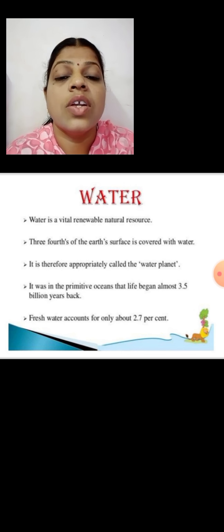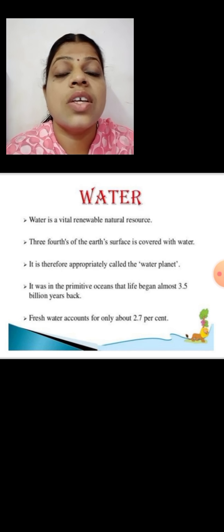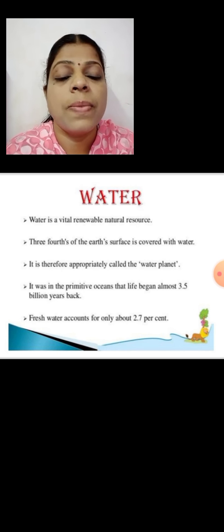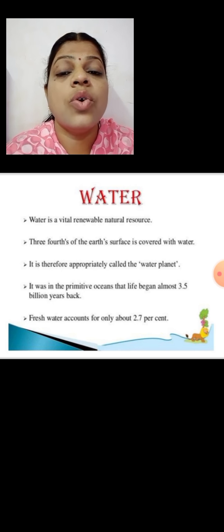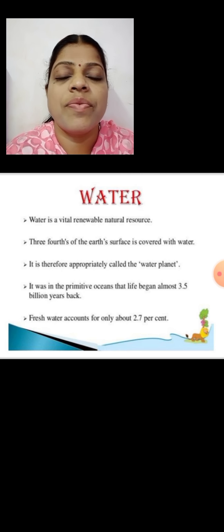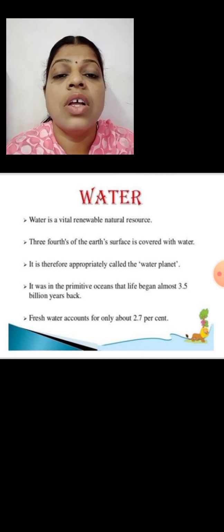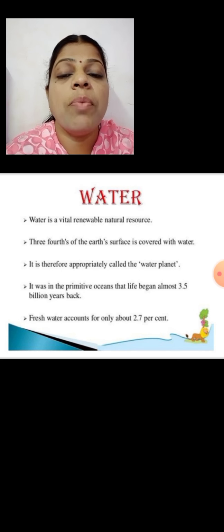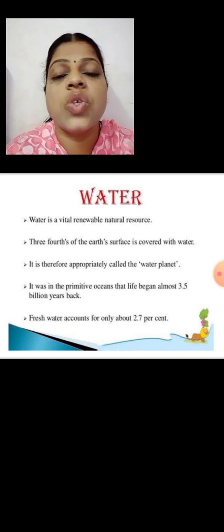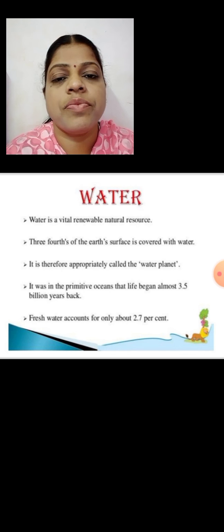So children, this is about the most precious water. And we know that we have to save this water resource also. As I told you about the other two factors, conservation, in the same manner we have to give prime importance to water also.